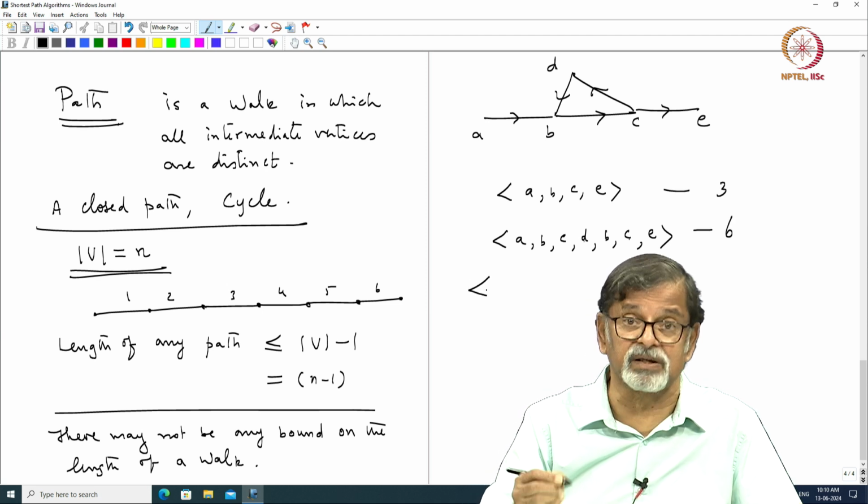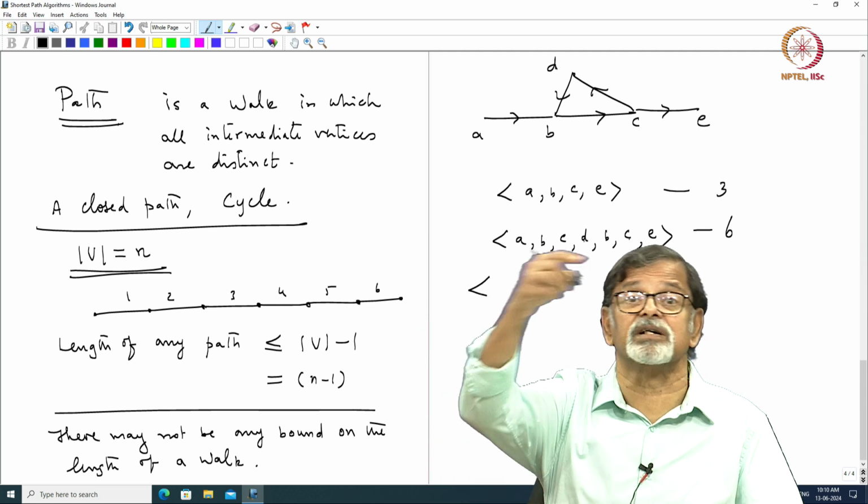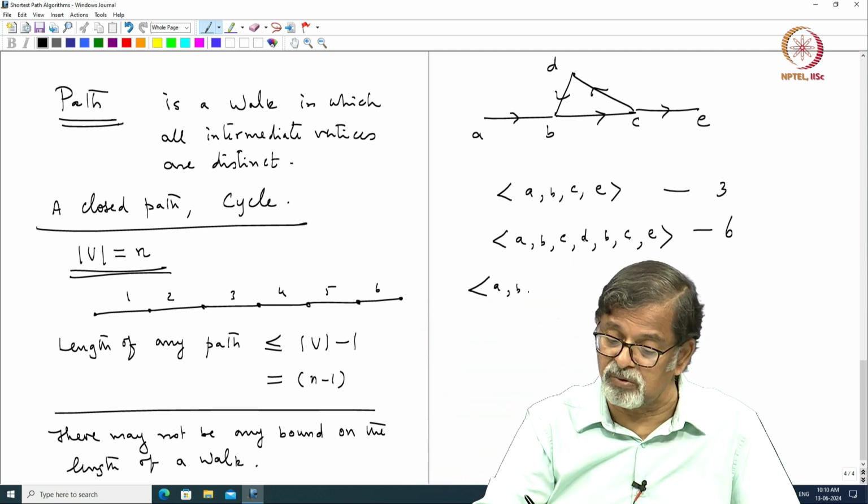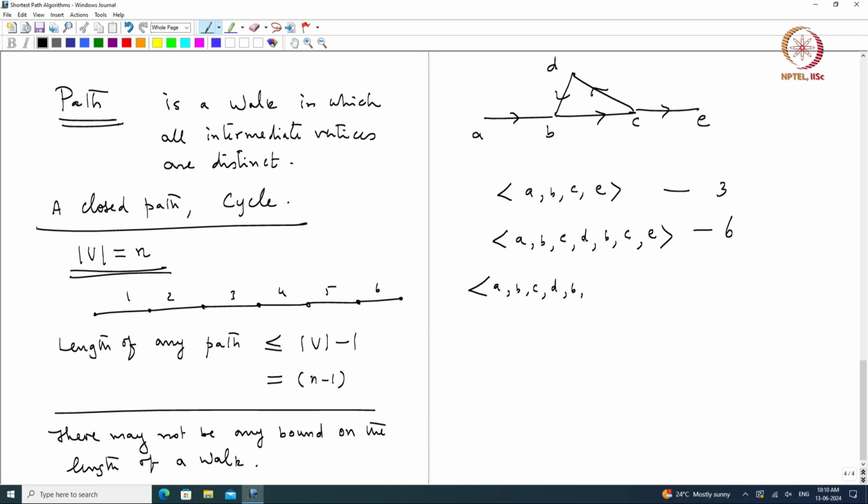You can have even a longer walk. Visit that cycle once again, right? Start from A, go to B, go to C, go to D, go to B, go to C, again go to D, go to B, go to C. Now you exit. You can see that 1, 2, 3, 4, 5, 6, 7, 8, 9, 10.